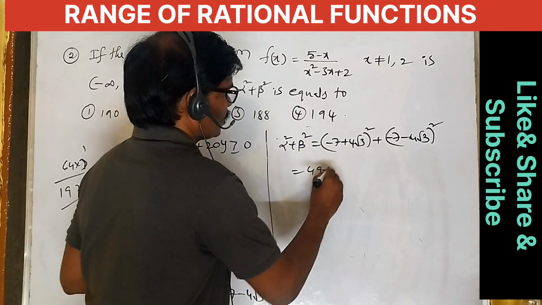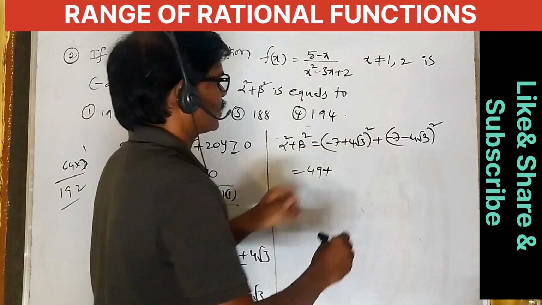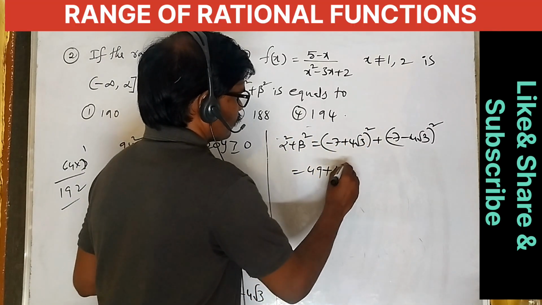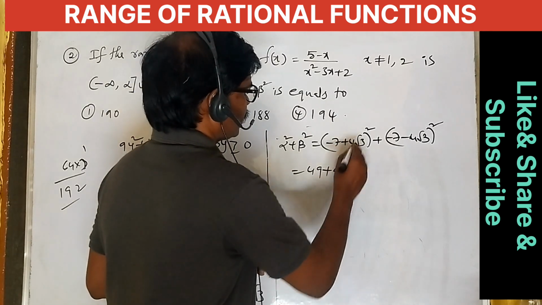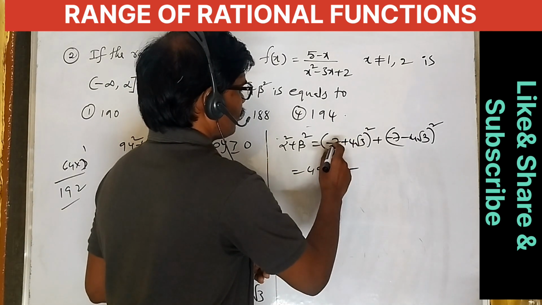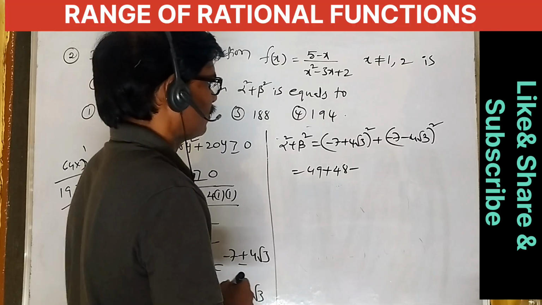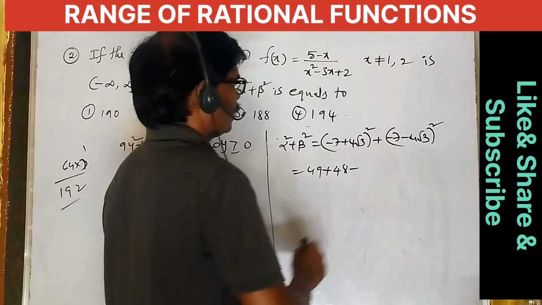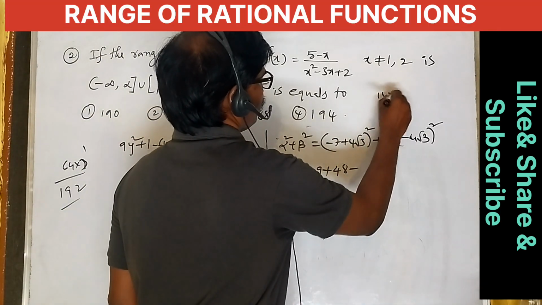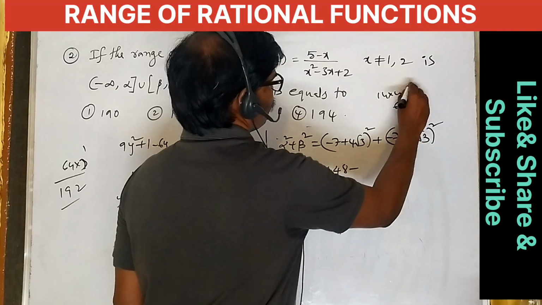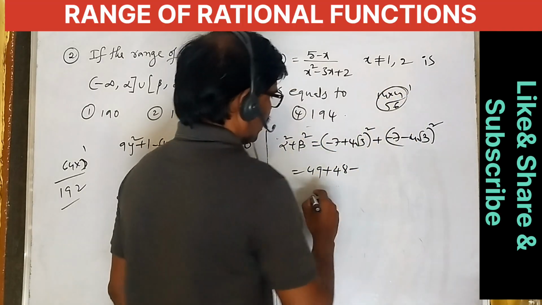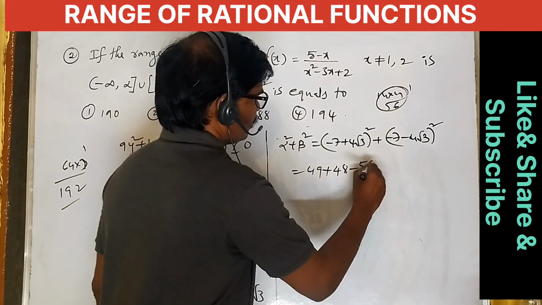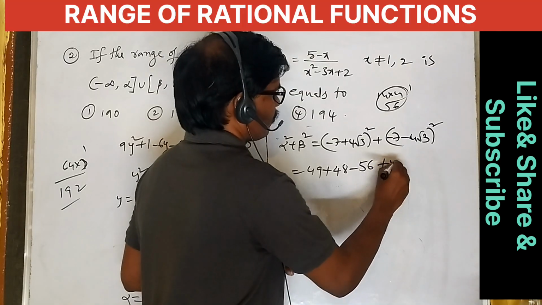Next, (4√3)² = 16 · 3 = 48. Then the middle term is −2ab = −56, since 14 times 4 is 56, and in the other expression it is +56. Next, plus 7² = 49.